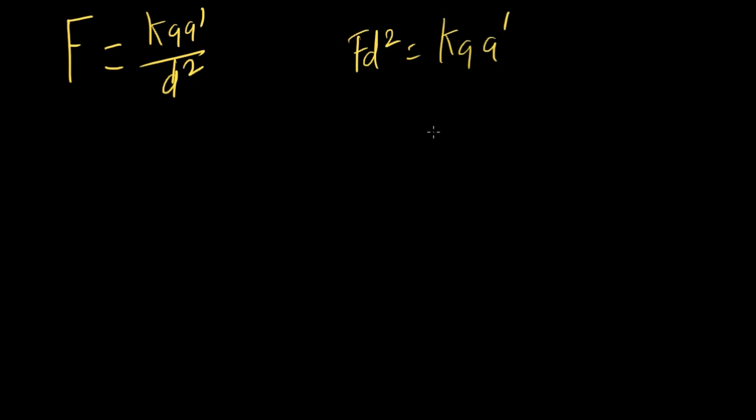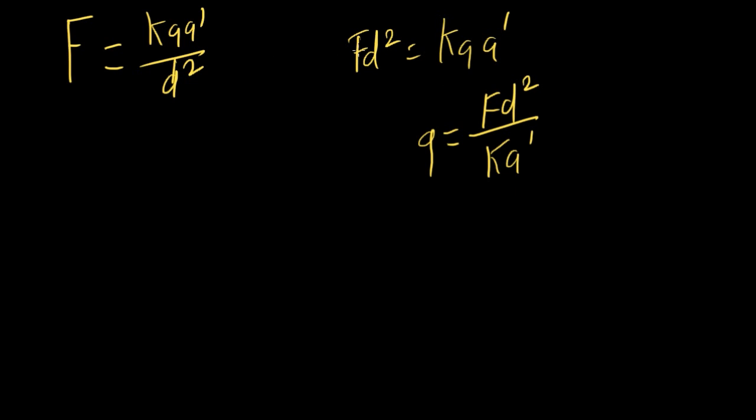If we wanted Q, we'd have to divide by K Q prime, so it'd be F D squared divided by K Q prime. If you want Q prime, you just switch the Q's. You would divide by K Q instead of K Q prime. You're never going to solve for K because that's a constant.